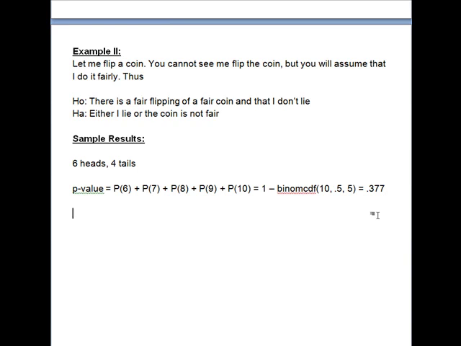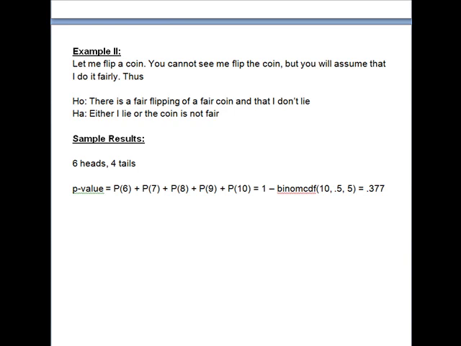So that is not very unlikely under the assumption of the null hypothesis that it was a fair coin. In fact, if I flipped it 10 times, the expected value would be 5 heads, but I get 6 heads and 4 tails. That's a pretty likely result. So you would not assume that I was lying. You would say, yeah, it was probably a fair coin, or you wouldn't have evidence to infer that I was lying. It's fairly likely.